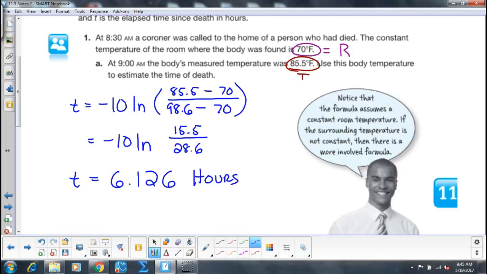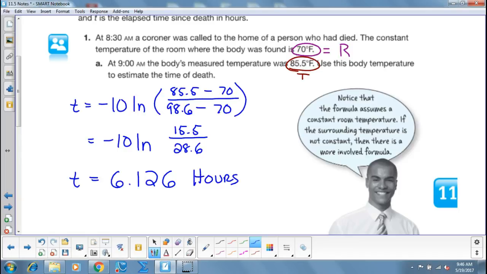So what time was that? We measured all that stuff at 9 a.m., right? So 6.126 hours ago. Well, what's 0.126 in terms of minutes? 7, right? Call it 8 minutes, right?